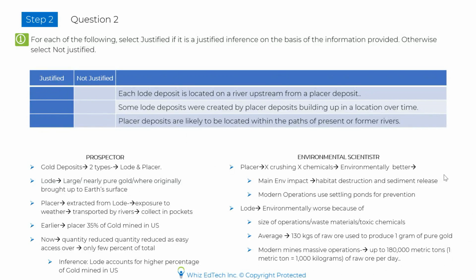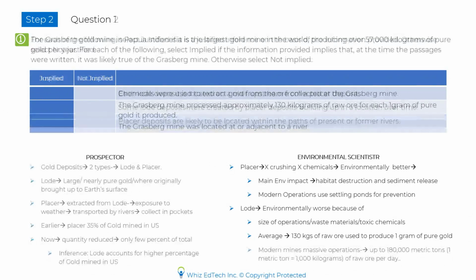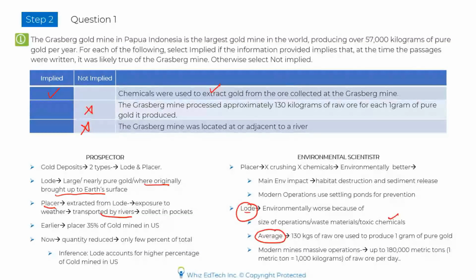Okay, sorry, I think someone has a question. Please repeat why the second is not implied. All right, my bad. Let me go back. See, if you look closely, 130 kilograms of raw ore produces 1 gram of pure gold. This is an average. That means in some mines, more raw ore might be needed to produce 1 gram.